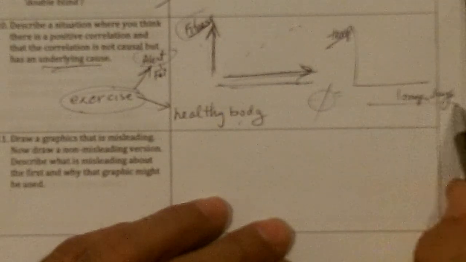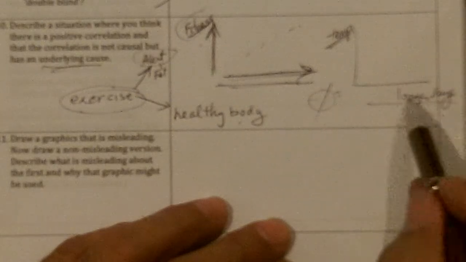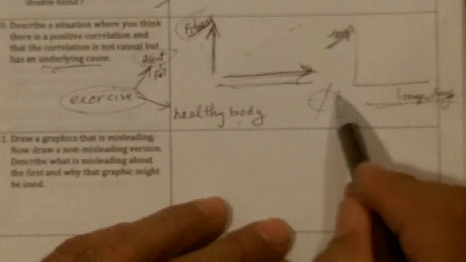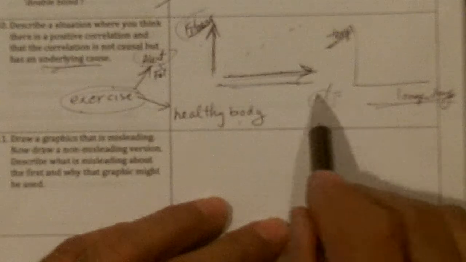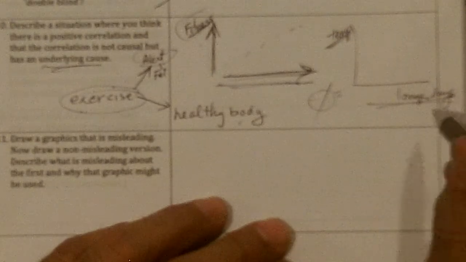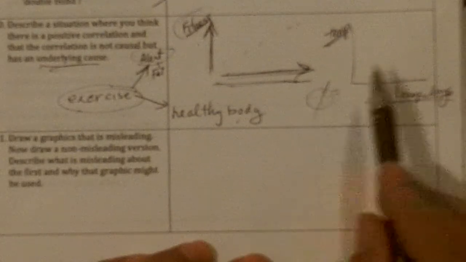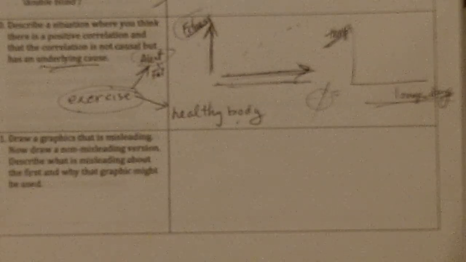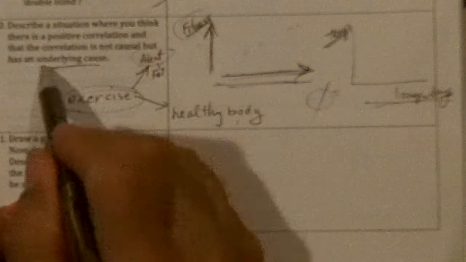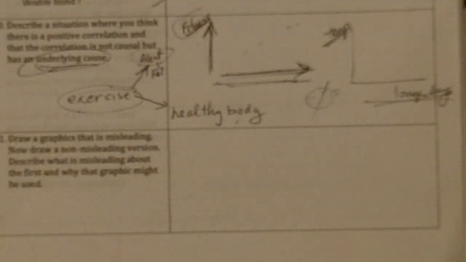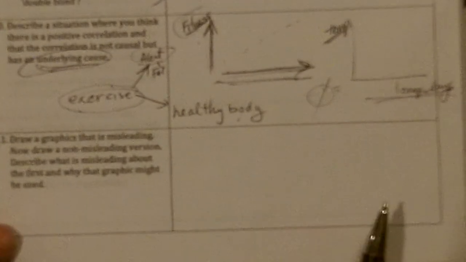And so you might say, oh, longer days are causing the higher temperature, but really it's the tilt of the earth and where it is around the sun that causes the longer days and the higher temperatures. So that's an underlying cause of these two things. And you could do a lot of different things. Pick one thing and say, how does it make something get better, and how does it make something else get better? That's an underlying cause, something that causes two other things to happen.